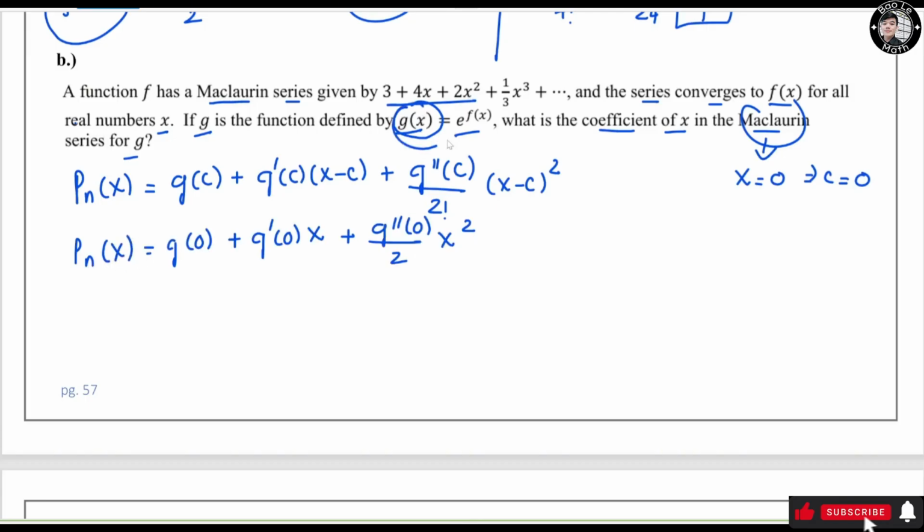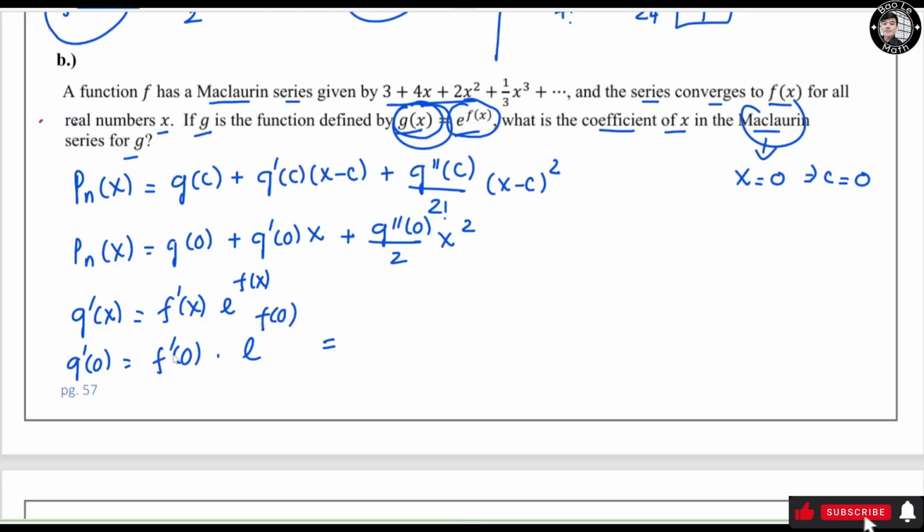Now we need to take the derivative of this one, so we have g prime of x equals, we're going to use the power rule and then the chain rule. So it's going to be f prime of x times e to the f of x. So we have g prime of 0 is going to be f prime of 0 times e to the f of 0.